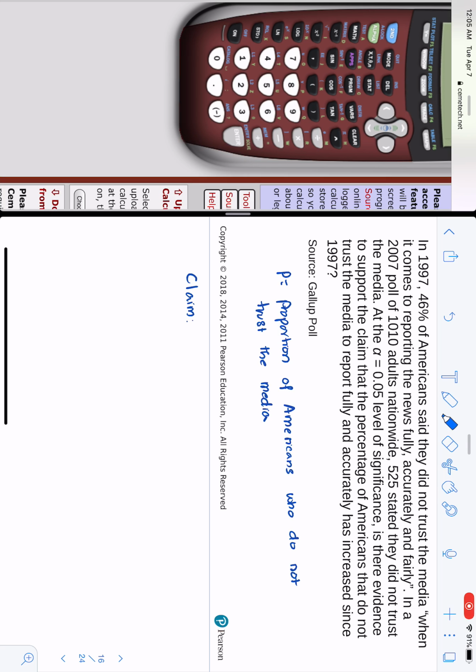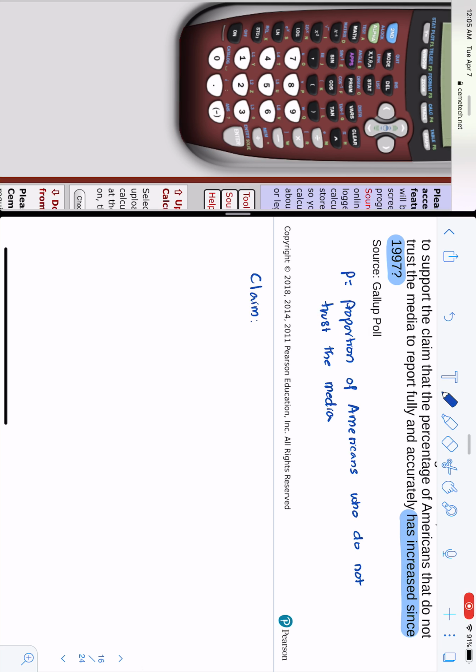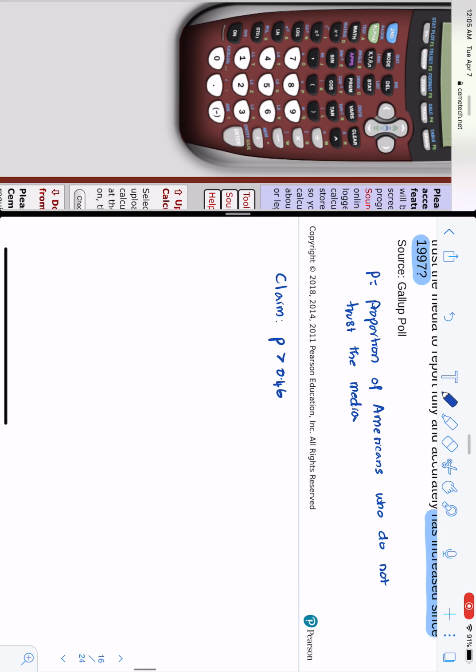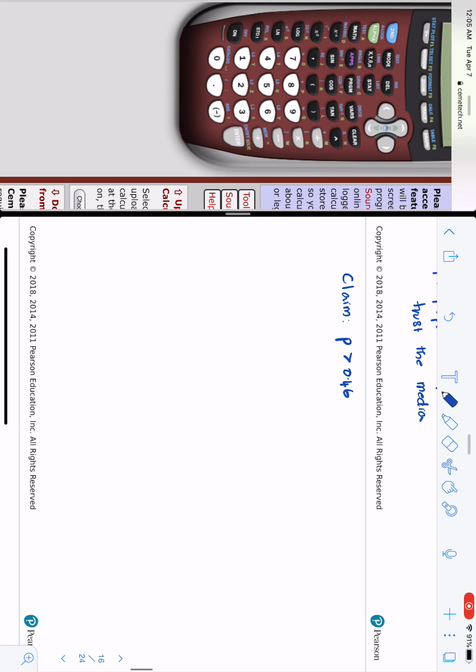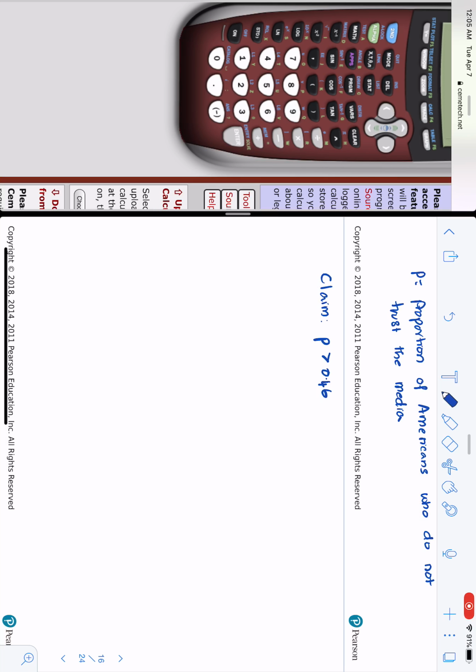And in 1997, that value was 0.46. So it has increased since 1997. So the claim here is that the proportion has gone up, so it is greater than 0.46.